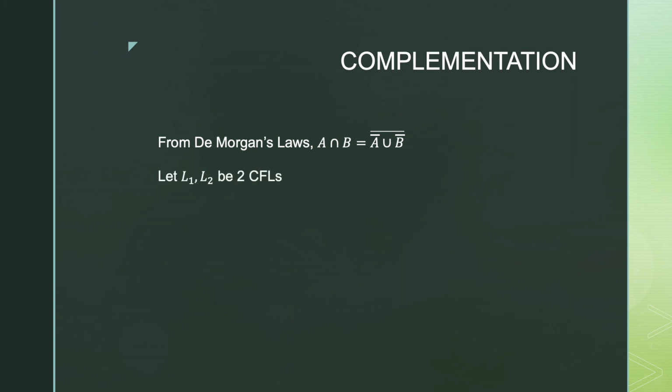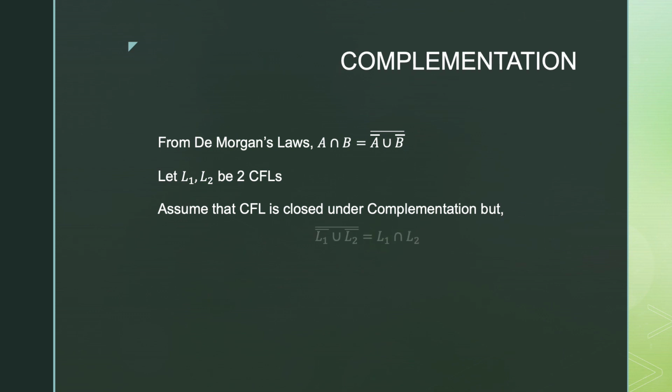Let L1, L2 be two CFLs and assume that CFL is closed under complementation. But using the previously said De Morgan's law, the complement of the union of L1 complement and L2 complement is nothing but L1 intersection L2.